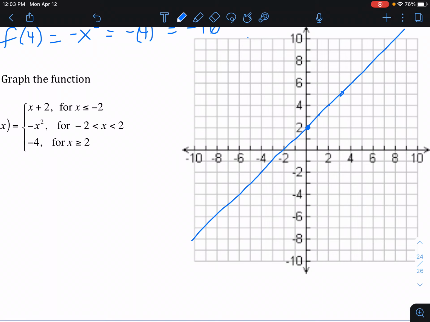Now, look at the inequality to tell you which part to keep. It says keep the part where x is less than or equal to negative 2. So we would go to negative 2 and put a closed circle right here, and we keep the part less than it, so that would be to the left of it. We want to get rid of anything up here.